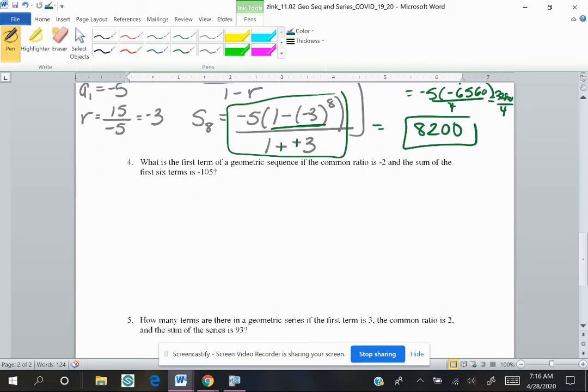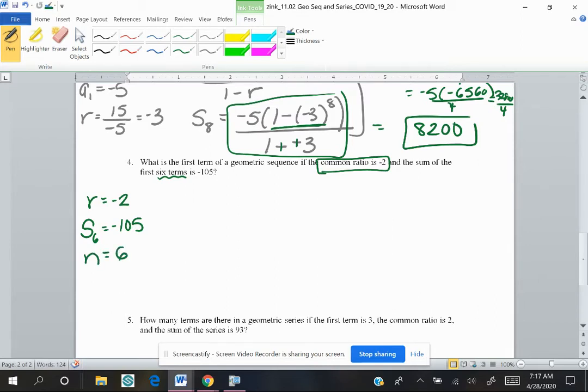Number 4, what is the first term of a geometric sequence if the common ratio is -2, so I know r is -2, and the sum of the first 6 terms is -105. So S sub 6 is -105, which means n must be 6 if I'm looking at 6 terms.